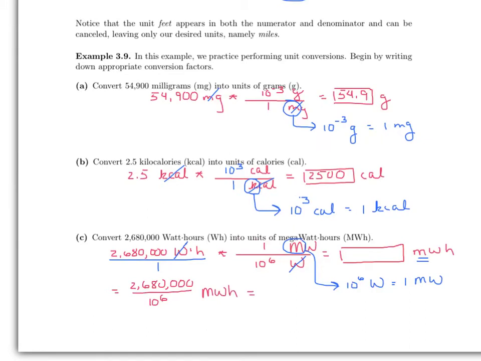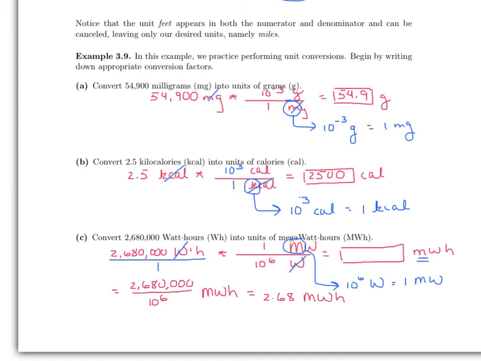So if you take the 2,680,000 and divide by 10 to the 6, which is the same thing as dividing by 1,000,000, you arrive at 2.68 megawatt hours.